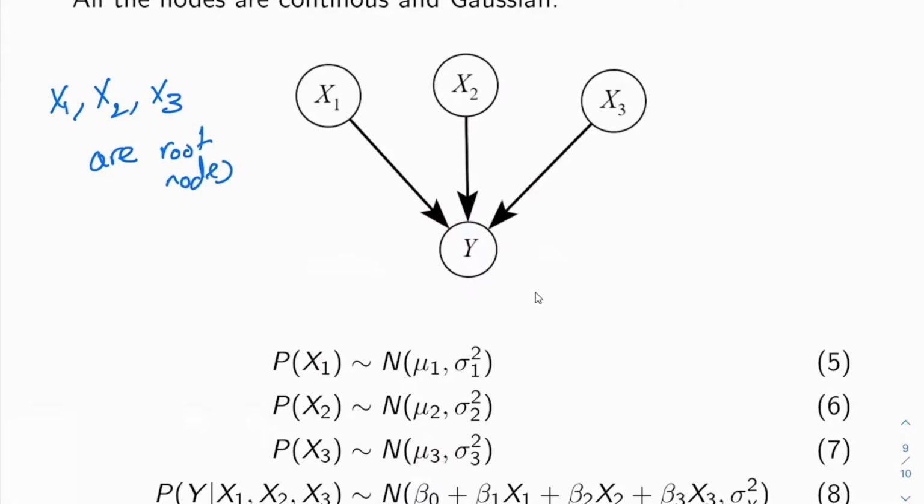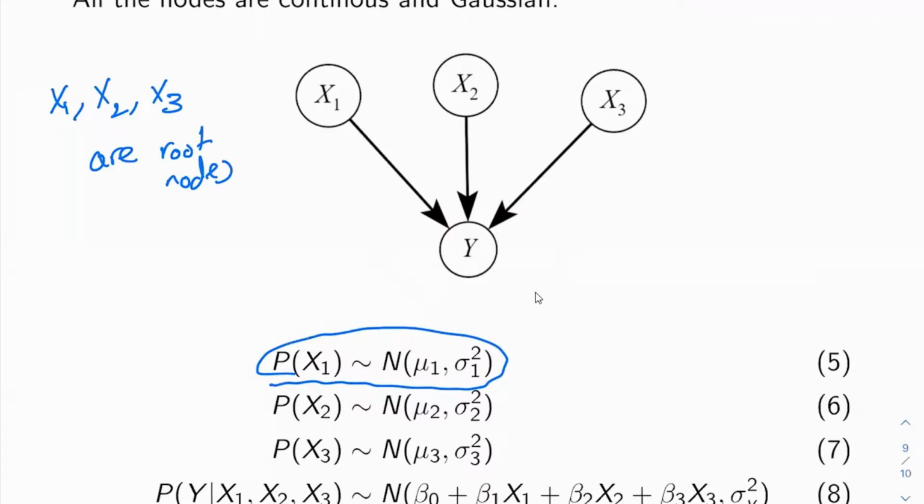Since they don't have any parent, their marginal distribution is Gaussian, and the Gaussian distribution is represented by a mean and a variance. Here, assume the dimensionality is 1. If it's not 1, mean vector and covariance matrix. All right. Great. So this is what we have for X1, X2, X3. Up to now this is easy.